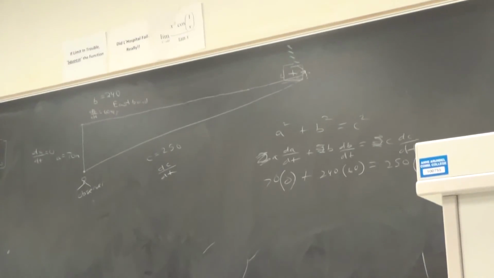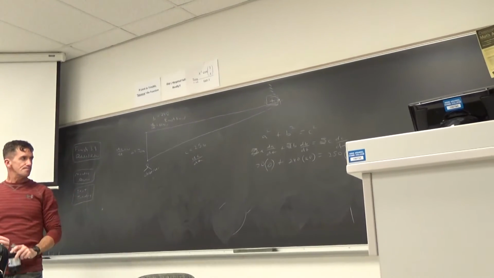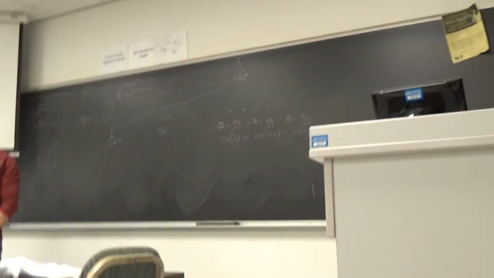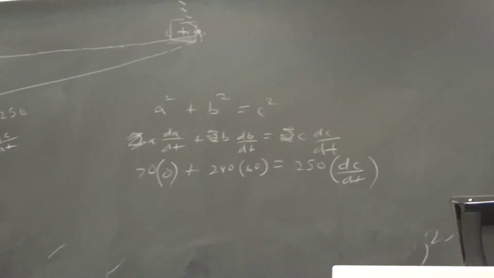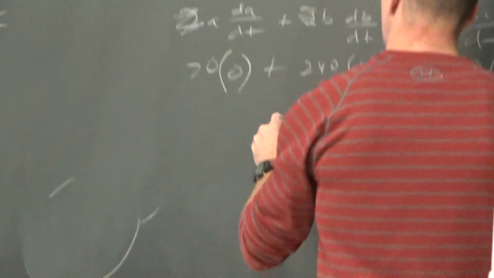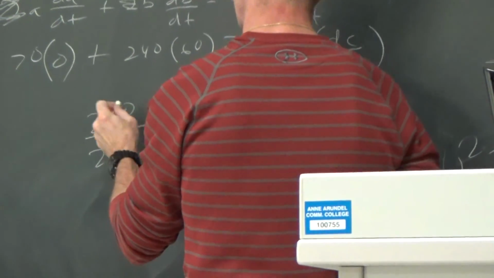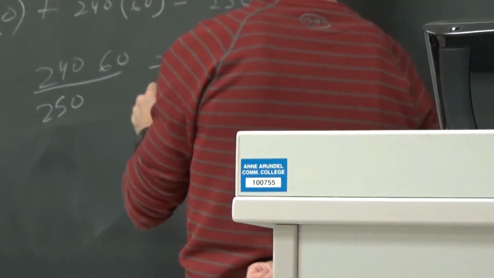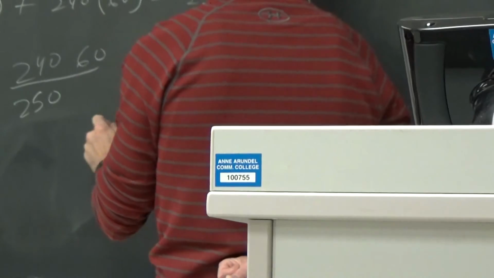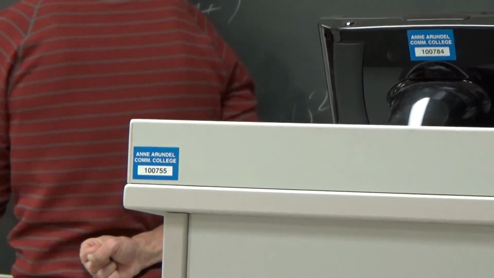Amber, how would you solve that? You have to divide by 250. 70 times 0 is 0, right? Let's see what you get. What's 240 times 60 divided by 250? I can tell everyone by that ratio it's a little less than 60. 57.6. Is it exact though?